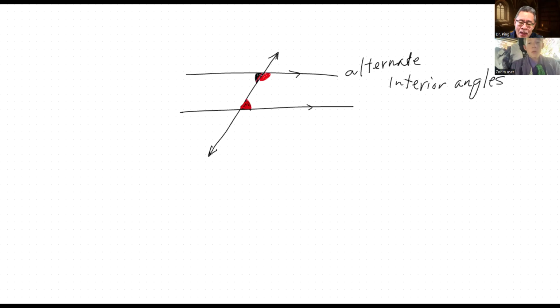This is how we know the angles. Any angle inside the two lines are interior. So these two red angles are interior, but they're on the same side of the transversal. So their name is called consecutive, because one after another, consecutive interior angles.